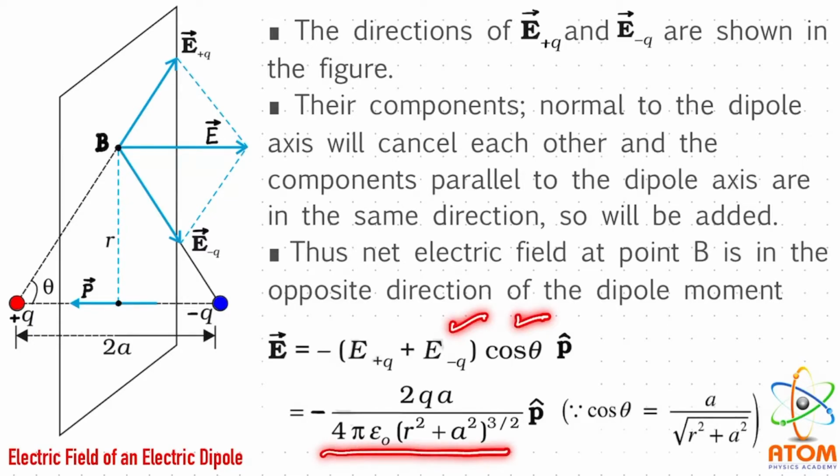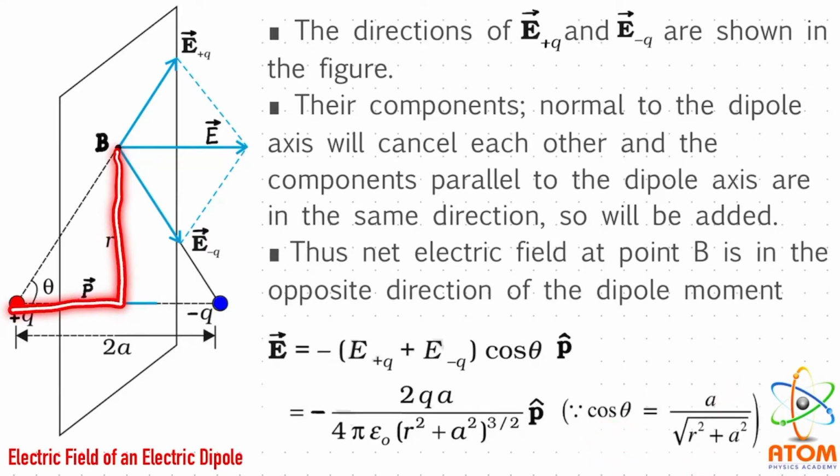Let me clarify that cos theta will be a upon under root of r square plus a square. This is because here is a right angle triangle and this is angle theta. This is r and here is a. So this becomes under root of r square plus a square.